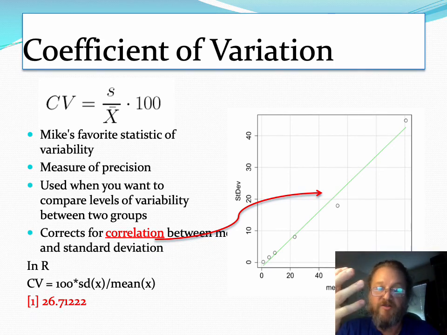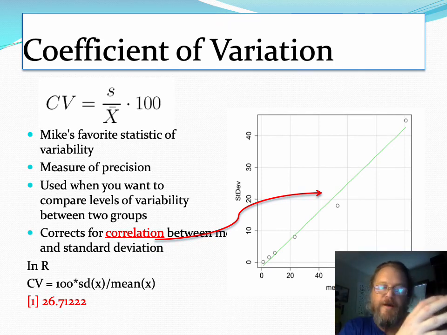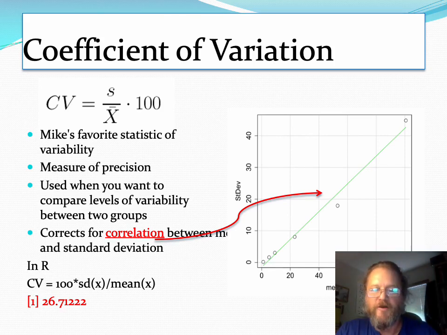So it's a biased measure if you want to compare variability among different characters that have different means themselves. So you simply divide the standard deviation by the mean and multiply by 100, so it's a percent, and you can use that to compare. It removes the confounding of the size of the mean. So why would you do that?